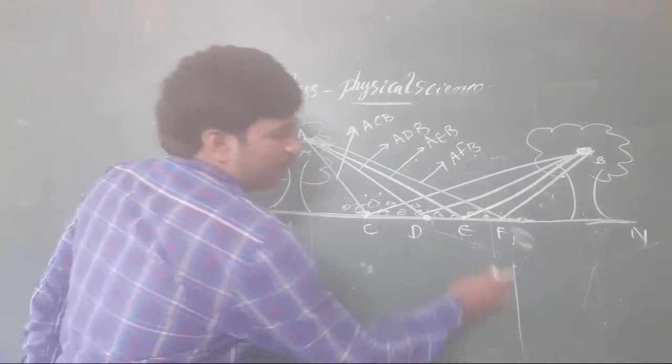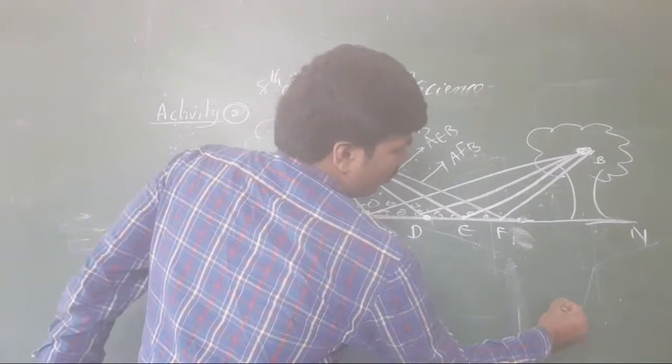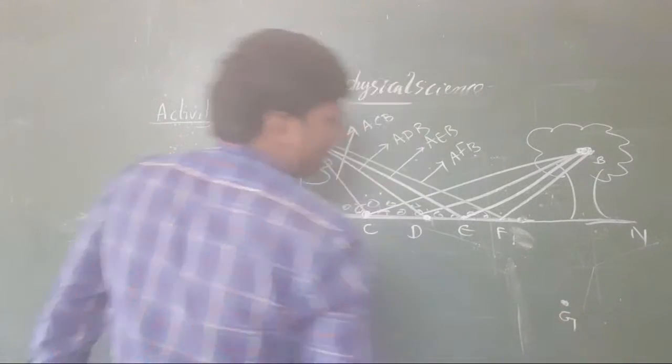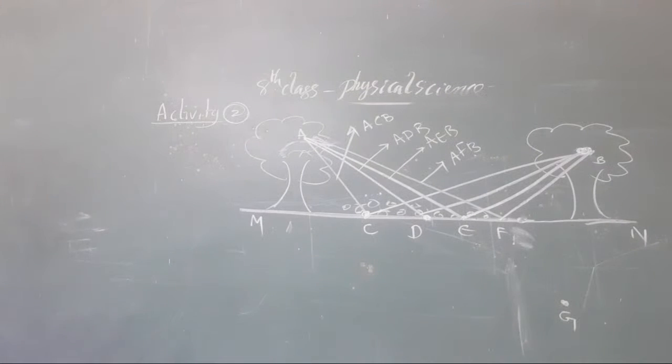Now you have to take a perpendicular line, a perpendicular point. From here we take a particular point, and we extend our rays.